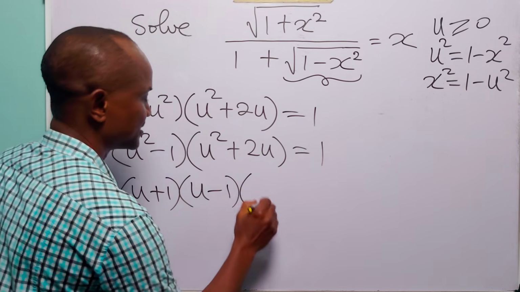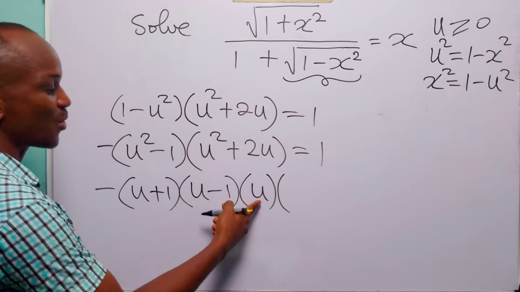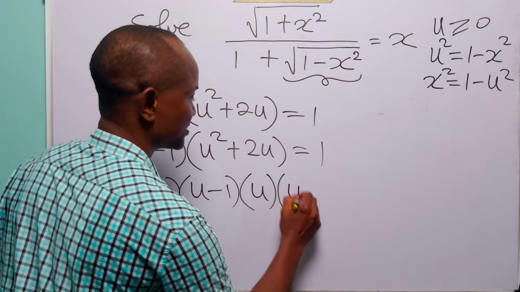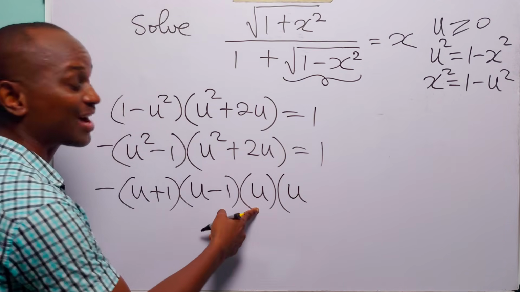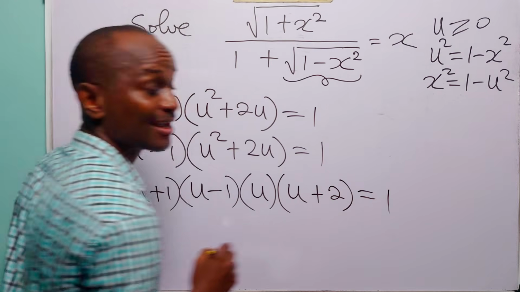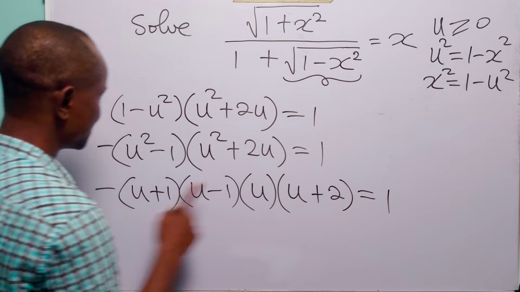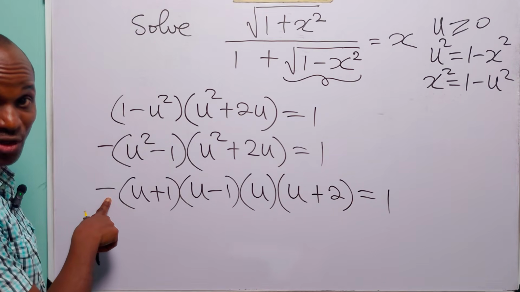And then this is equal to u multiplied by, now u squared divided by u is u, and plus 2u divided by u is plus 2, and this is equal to 1. Let us multiply both sides of this equation by minus 1 to get rid of this minus.